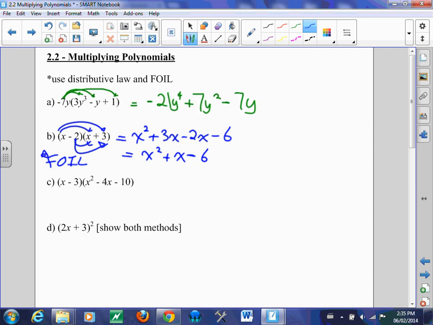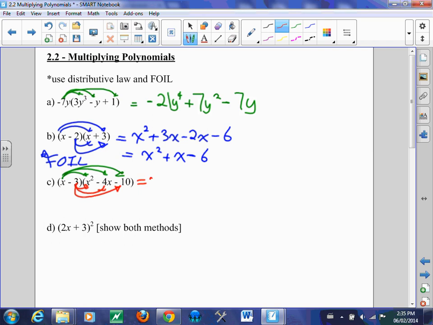Now taking a look at C, ladies and gentlemen, we've got a binomial times a trinomial. All you have to do is take every term in the binomial and multiply it by every term in the trinomial. So in this case, we're going to end up with 6 terms once we've expanded. Okay? So you need a little bit more room here.